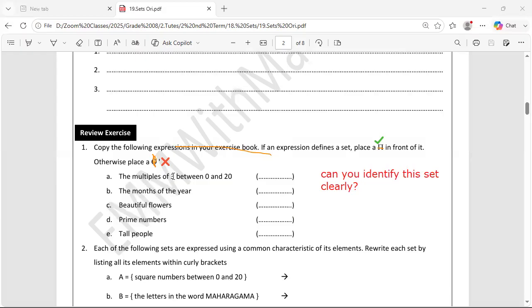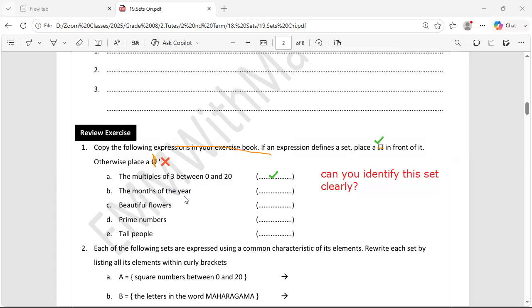Multiples of 3, do you know that? Yes. Can you write the multiples between 0 and 20? Yes. Both are yes, so this is a set. So I will use a correction mark.